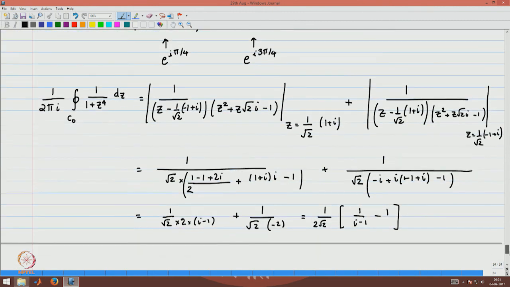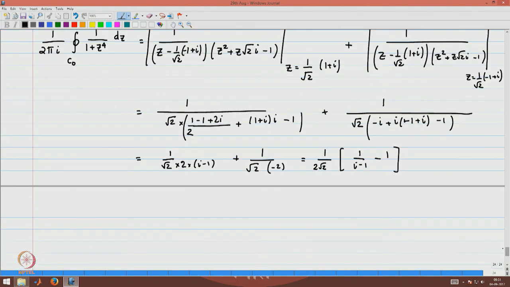And then I can write my integral. With this I can write my contour integral in the following way. The integral over C, or we can write the integral from minus a to a, limit as a tends to infinity, of 1 over 1 plus x power 4 dx. This can be written as 2 pi i into 1 over 2 root 2, and I think there should be an i plus 1 here.